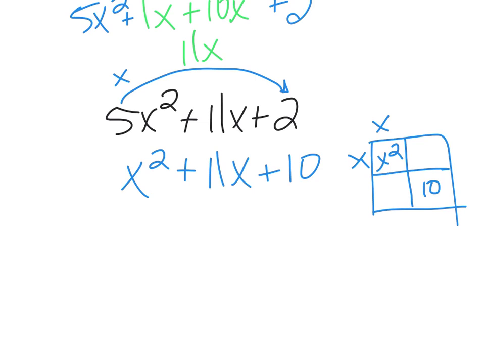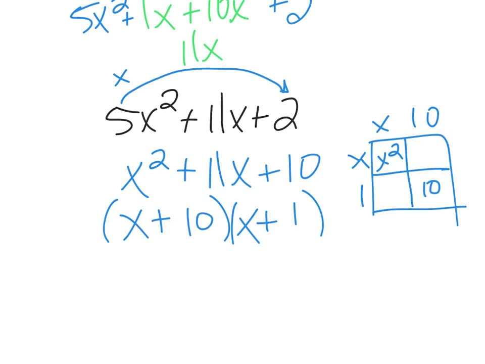So let's do 10 and 1. Because when it's like this, you know these are going to be x, everything's positive, so you know that's plus. And I need factors of 10 that add up to 11. So 10 and 1.